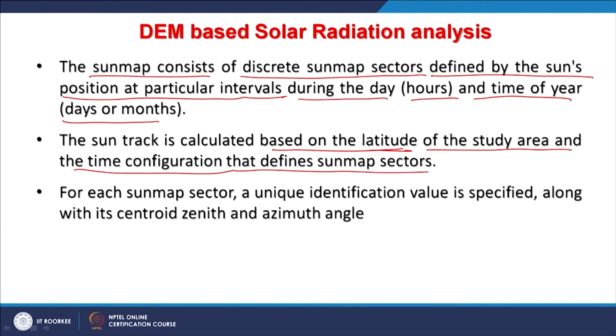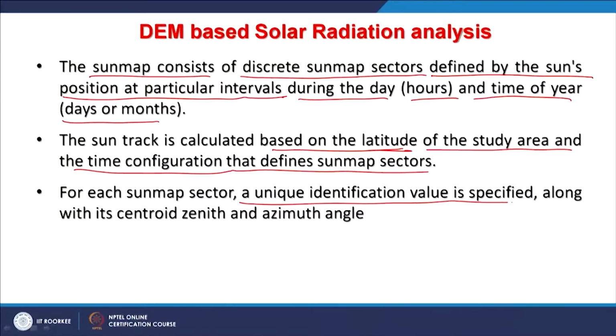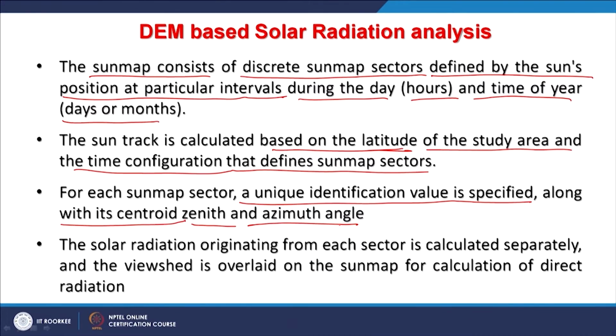For each sun map sector, these are sectors, not like a cell, but sectors in the hemispherical viewshed projection, and a unique identification value is specified along with its centroid, zenith and azimuth angle. This information is very much required, because for any location you will then get all the detailed information.